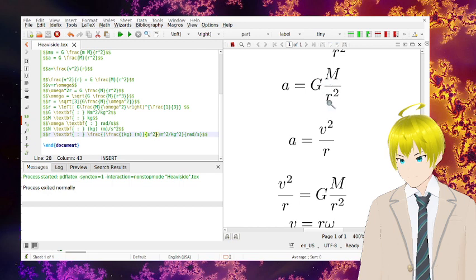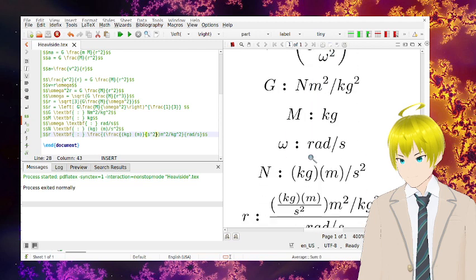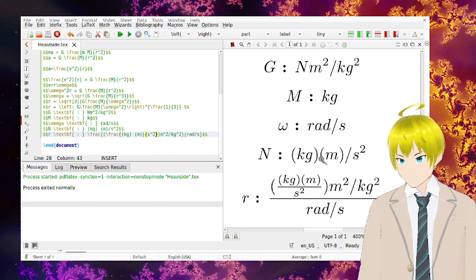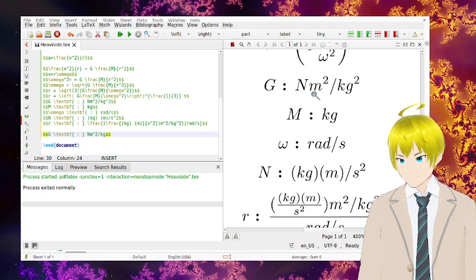Because I know that this is the right formula, so G times M over R squared. Let's do that. So let's plug in N up here. So G equals, plugging in our newtons, 1 over kilogram, meters cubed.